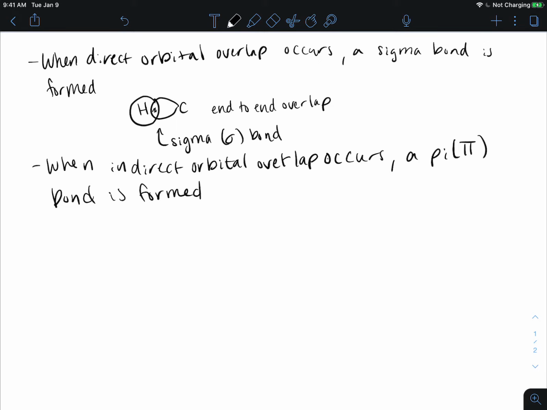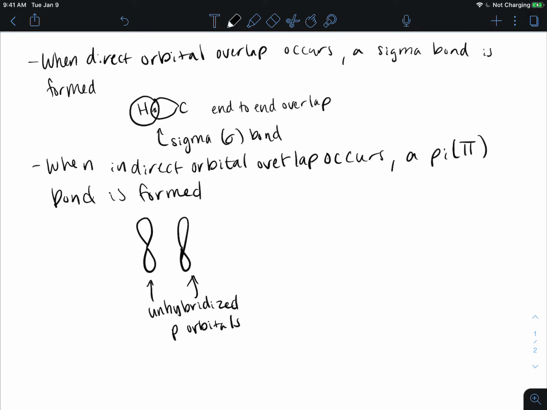Okay, so I mean something like this, where we have two unhybridized p orbitals, and they are parallel to each other.